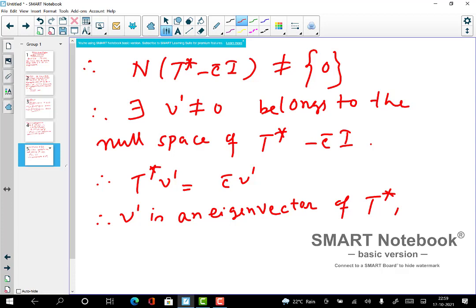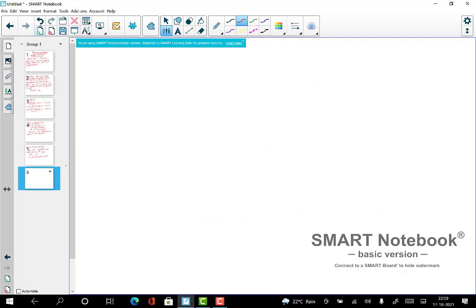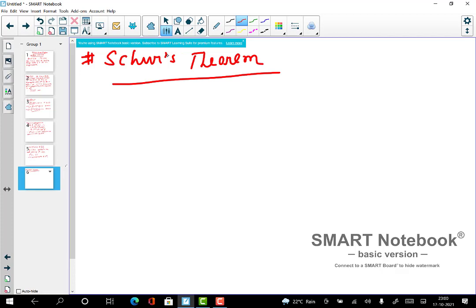For a vector space, if you don't have an inner product, we can still have results, but for an inner product space we can have better results, and this is called Schur's theorem. So let me define this. What does Schur's theorem tell you?